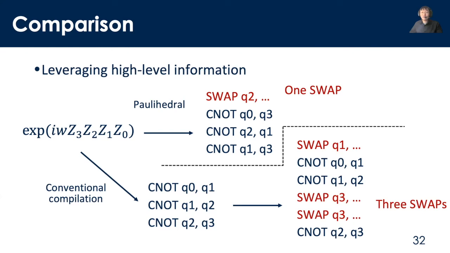As a result, we only need 1 swap. And such a compilation strategy can greatly reduce the swap overhead because we leverage the high-level information that, okay, a Pauli string simulation circuit can be implemented in arbitrary tree structure.